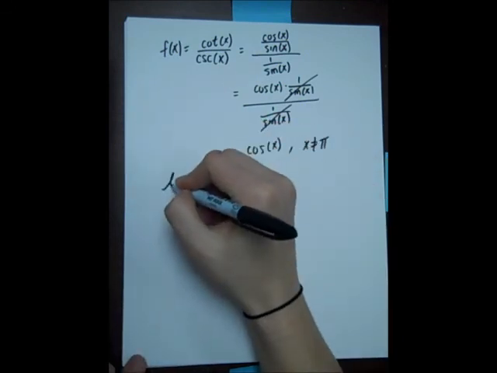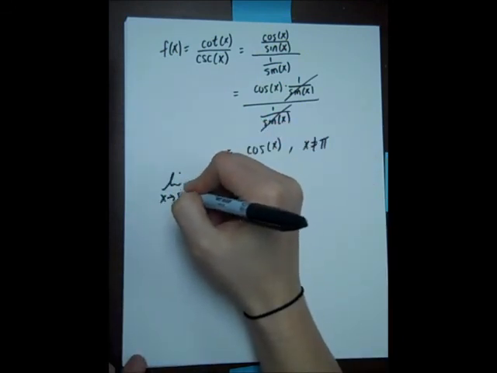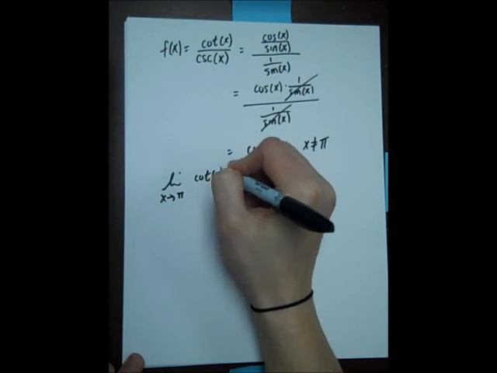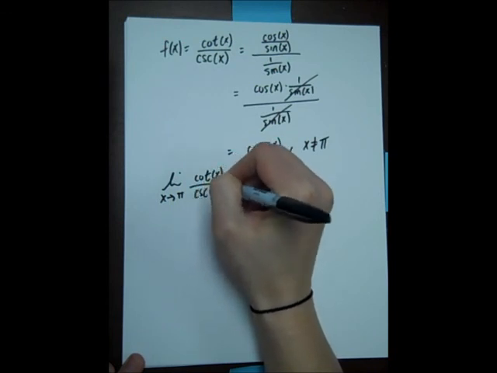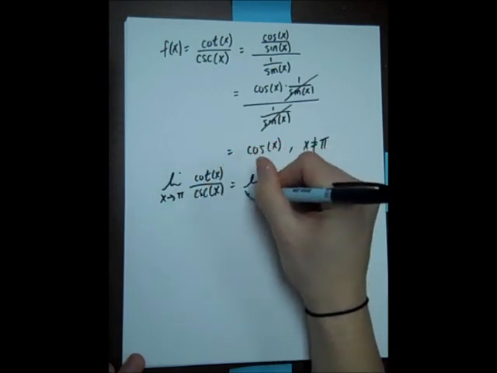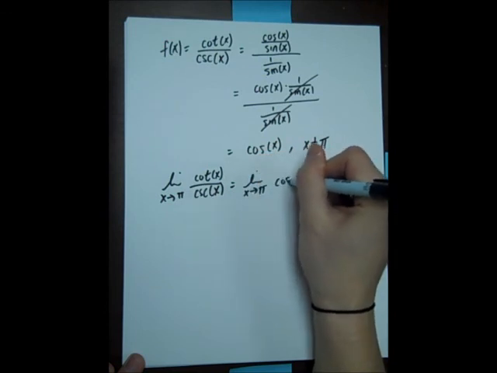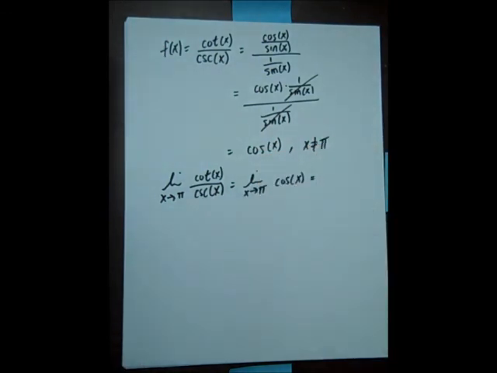So what this tells us is that the limit as x approaches pi of cotangent x divided by cosecant x is the same as the limit as x approaches pi of cosine x. Now what is the limit as x approaches pi of cosine x?